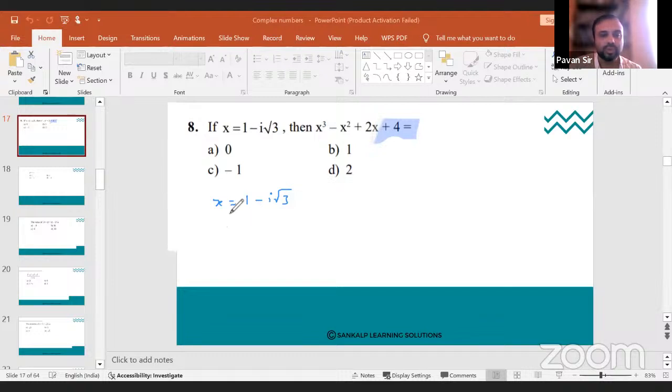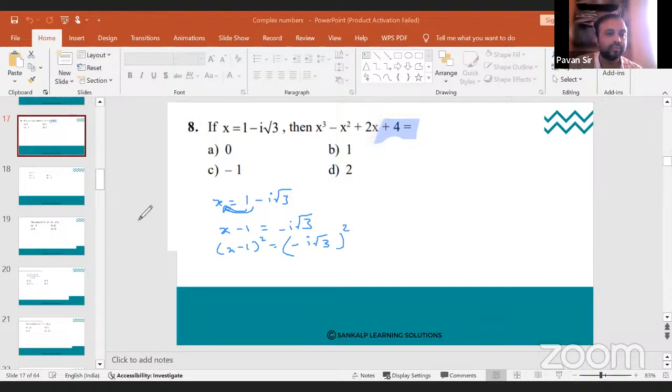So transpose 1 to LHS side. When you transpose the 1 to LHS side, what will it become? X minus 1 is equal to minus i root 3. So square it. X minus 1 the whole square is equal to minus i root 3 the whole square.